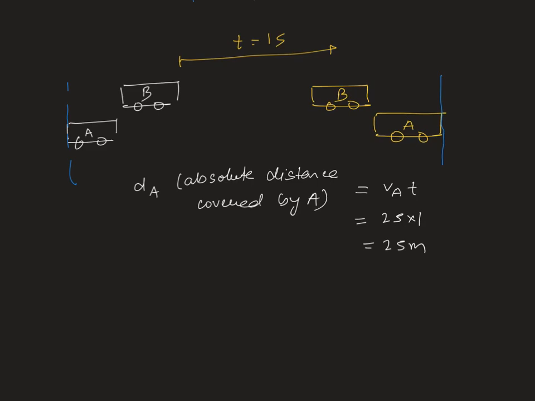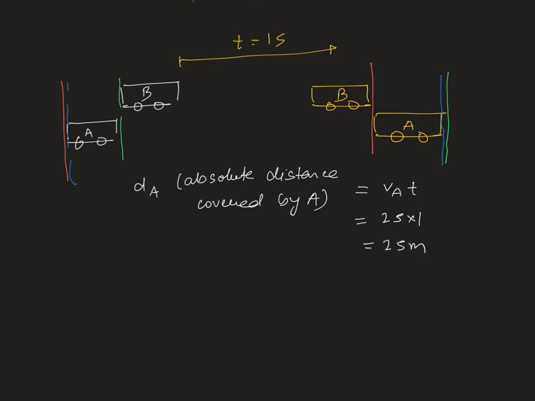No. I want you to focus, this is very important. I want you to focus really well here. Whenever you say distance covered by an object, then you consider either the distance from head to head, or you consider distances from tail to tail.